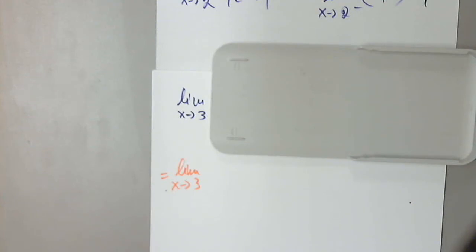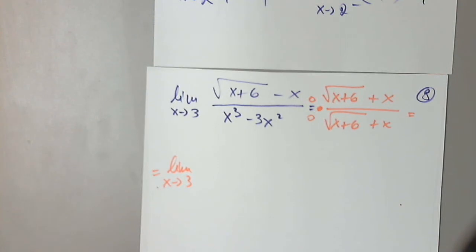When I plug 3 into an expression and I get 0, that expression has a factor of what? We forgot the remainder theorem and the factor theorem. We have to talk about it.